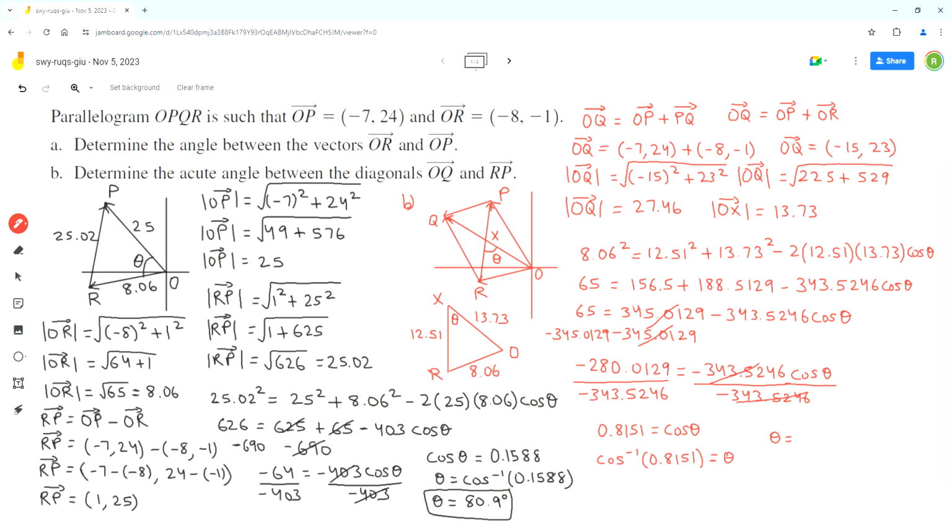So I got 35.4 degrees. So this should be the acute angle between the diagonals. So this should be the final answer for part B.